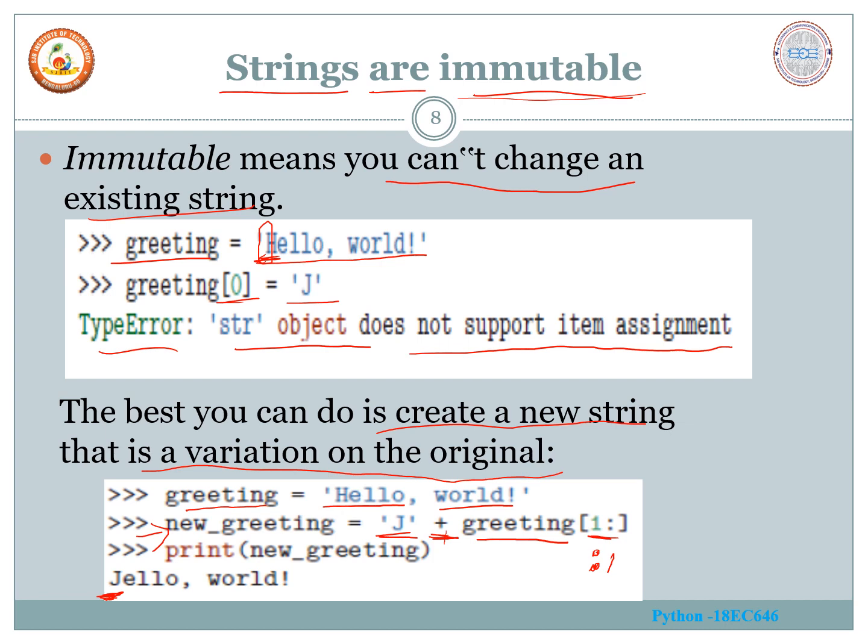So this becomes jello world, right? So the thing is, directly you cannot make any modification. Basically you can do the concatenation of slices into another variable or another string, such that you can modify any character of the string.